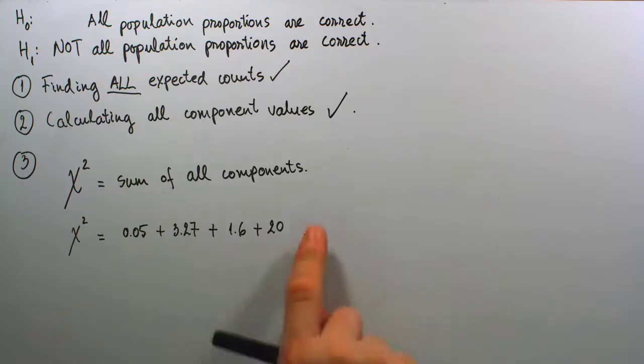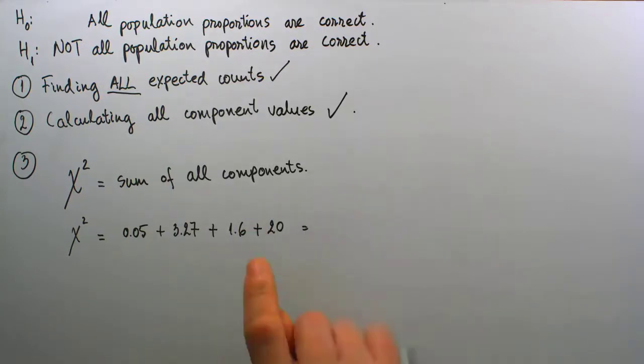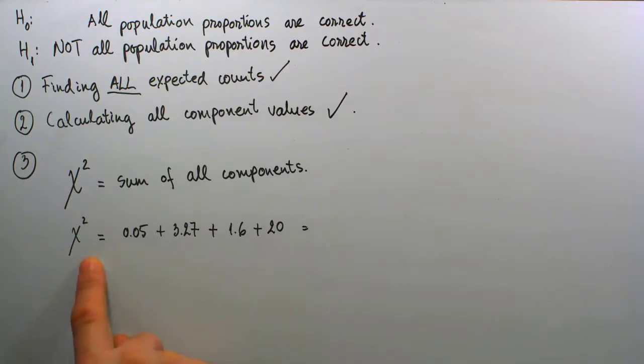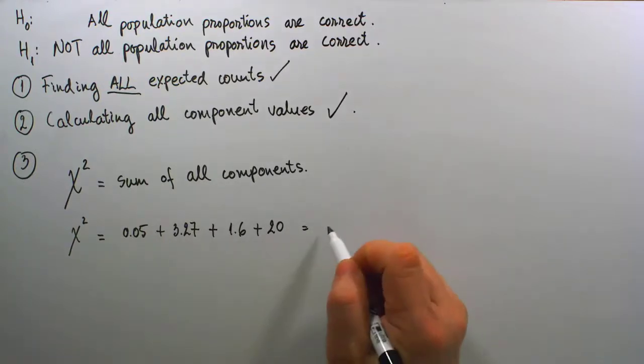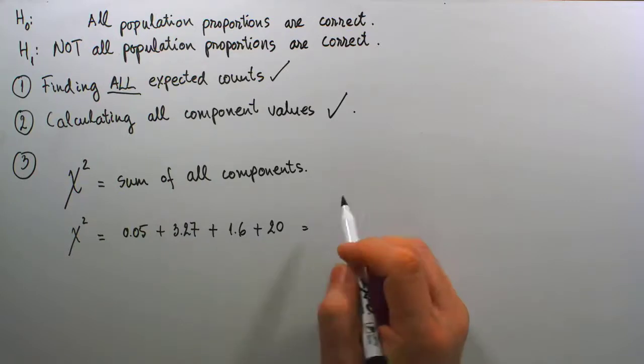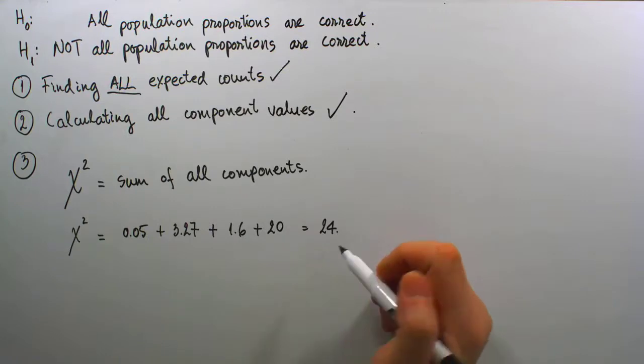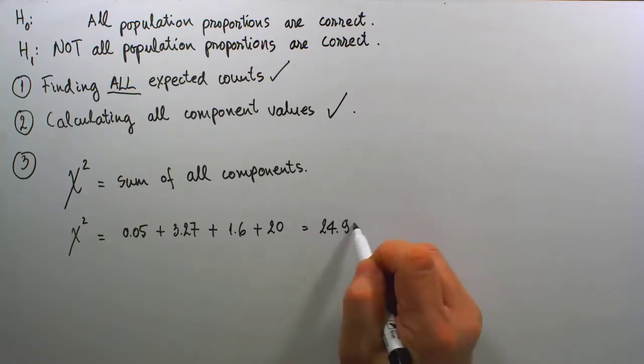My calculation shows, and of course, since each of the components here is rounded to 2 decimals, the final chi-square value is in 2 decimal places, unless otherwise specified. And so our final chi-square is 24.92.